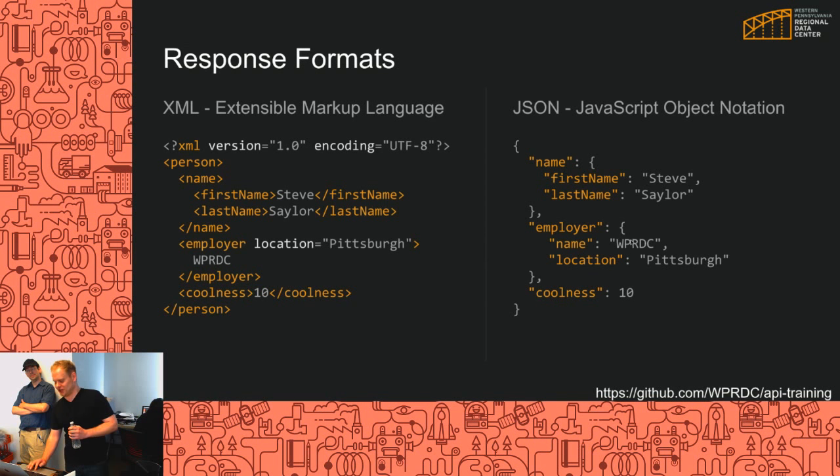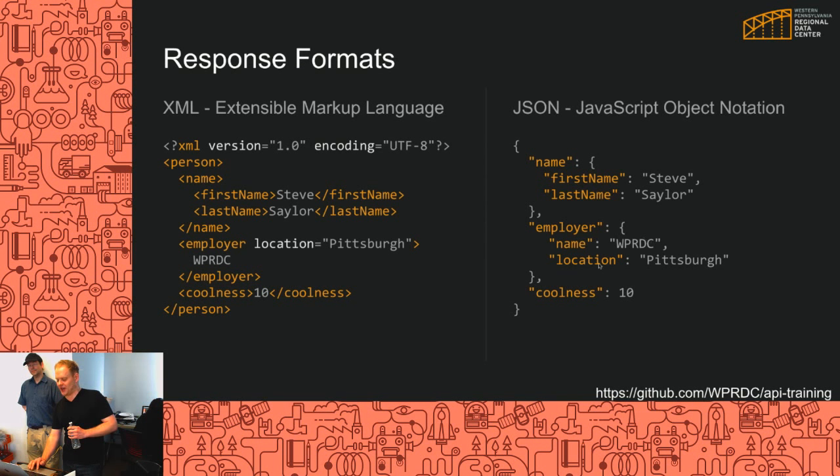An interesting distinction here is XML allows for these attributes that allow you to put something in the tag. But you can't do that in JSON. It needs to be a simple matching of a string to some sort of data. And since you can't do that, you have to make this attribute its own thing. And then coolness, you see here coolness, and then there's an actual number 10, unlike these that are all strings. And once again, still out of 100.